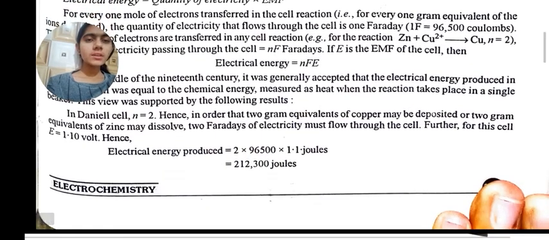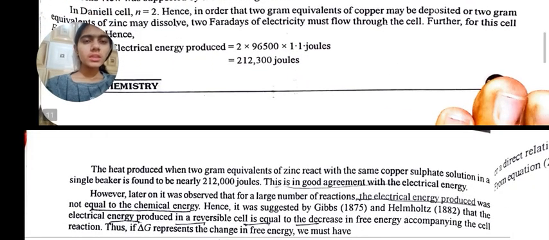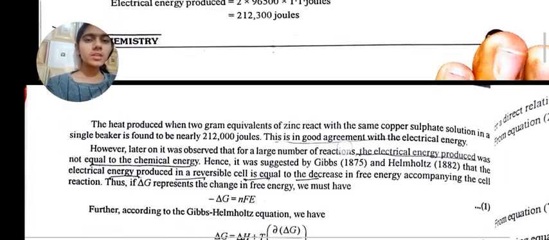Hence, electrical energy produced is 2 into 96,500 Faradays into 1.10 joules, that is equal to 2,12,300 joules. The heat produced when 2 gram equivalents of zinc react with the same copper sulfate solution in a single beaker is found to be nearly 2,12,000 joules. This is in good agreement with the electrical energy.